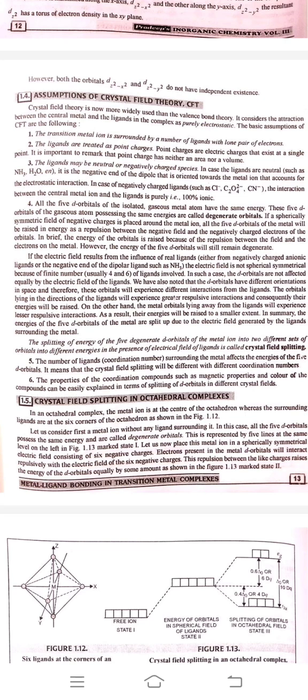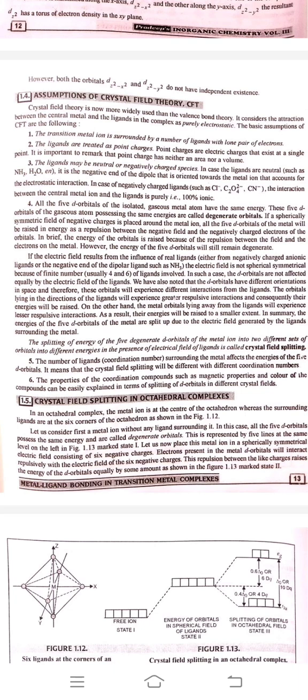The electric field is not spherically symmetrical because of the finite number of ligands involved, usually 4 or 6. In such a case, the d orbitals are not affected equally by the electric field of the ligands. The d orbitals have different orientations in space, and therefore these orbitals will experience different interactions from the ligands.